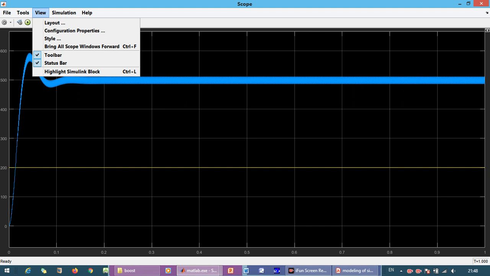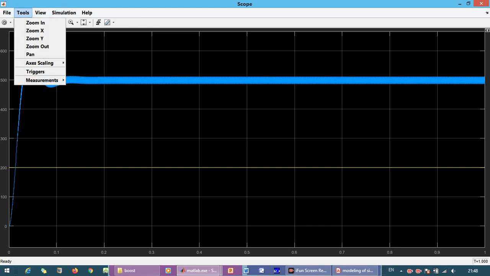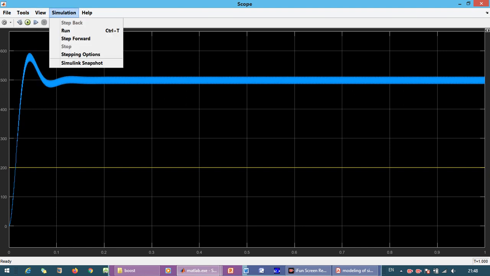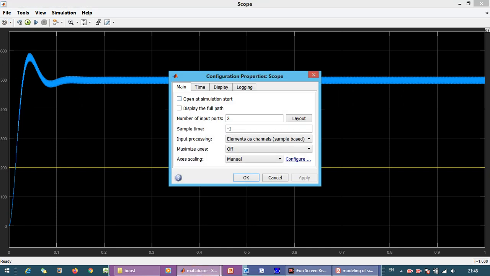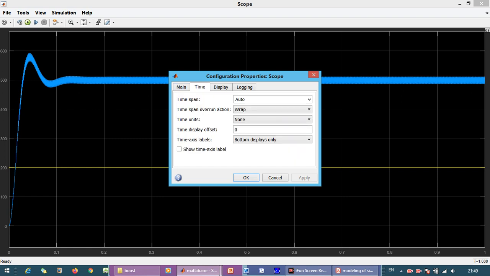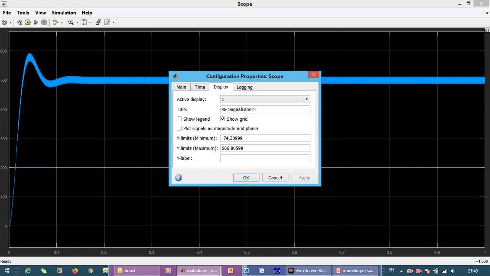Now if you want to add the legends, how can we add the legends in the given figure? We just go to settings, this icon, and here just click on this part, show legends.